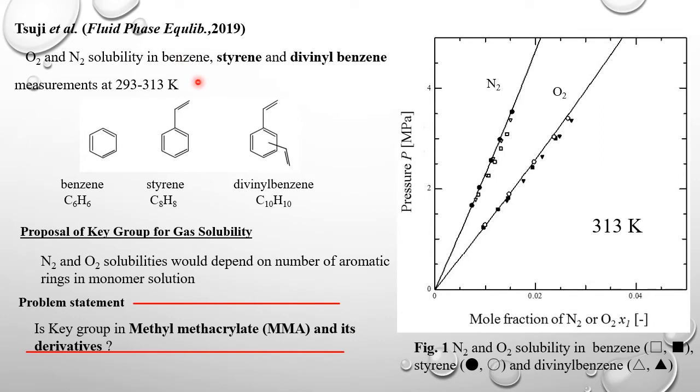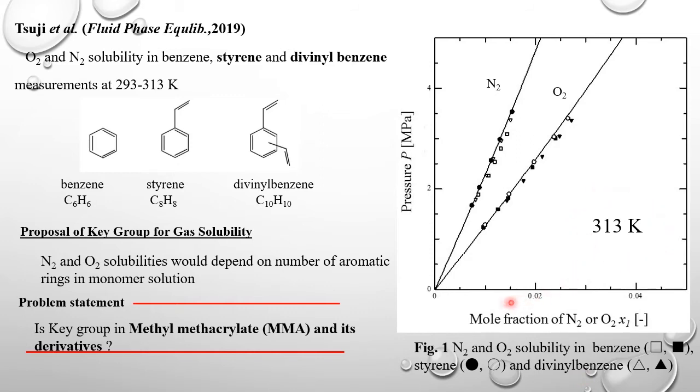In previous work, benzene, styrene, and divinyl benzene were investigated for nitrogen and oxygen solubility. These three compounds have the same CH group, so we decided that it was the key group. The solubility of nitrogen in benzene, styrene, and divinyl benzene at 313 Kelvin is shown in the figure.